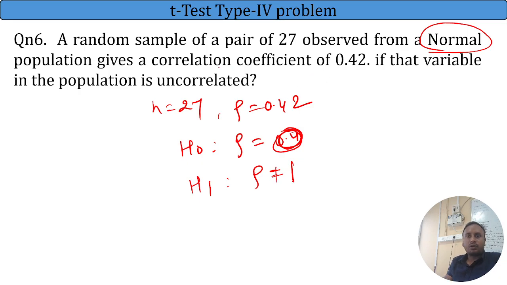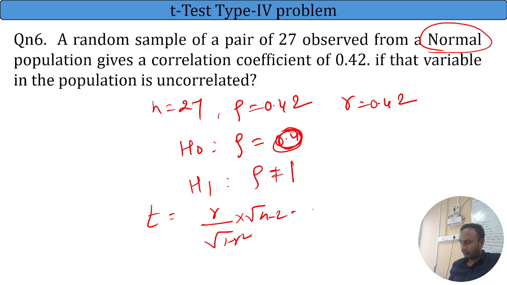The correlation coefficient r is given as 0.42. Now t is calculated as r upon root of 1 minus r square, into root of n minus 2: 0.42 into root 25 upon root of 1 minus 0.42 whole square.